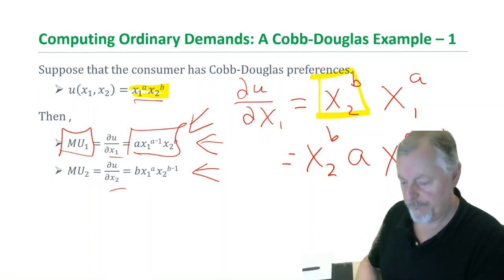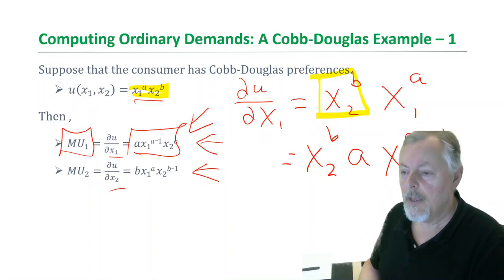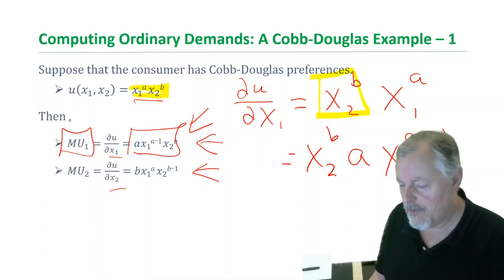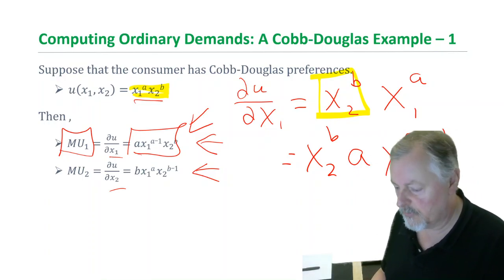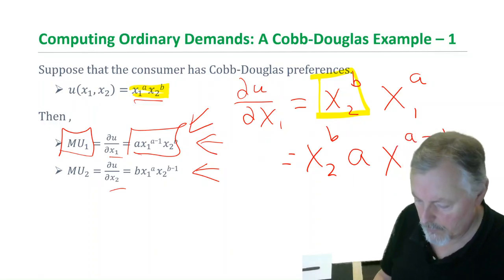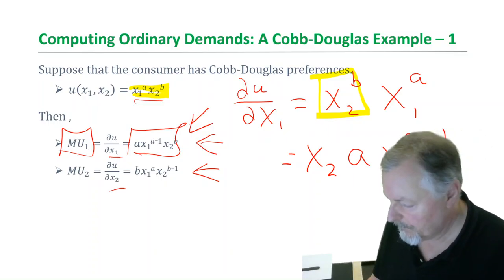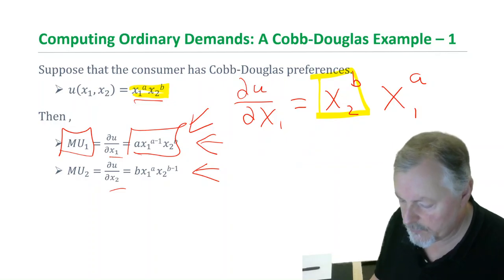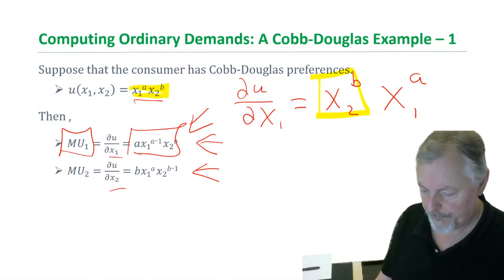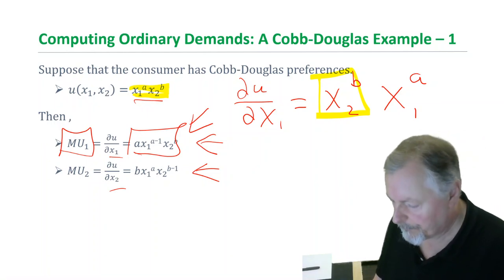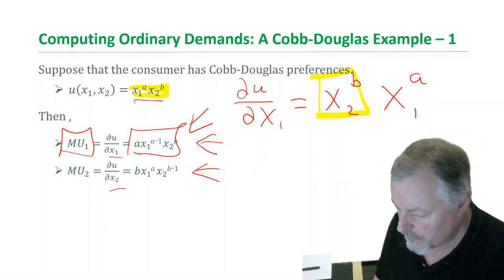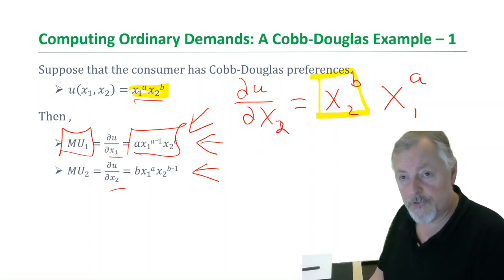And you do the same thing to take the derivative with respect to x2, the partial derivative. For some of you, this will be old hat, but it never hurts to see an example. Now I'm going to take the partial with respect to x2.